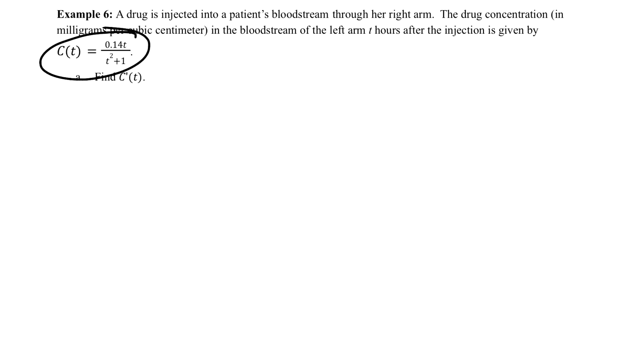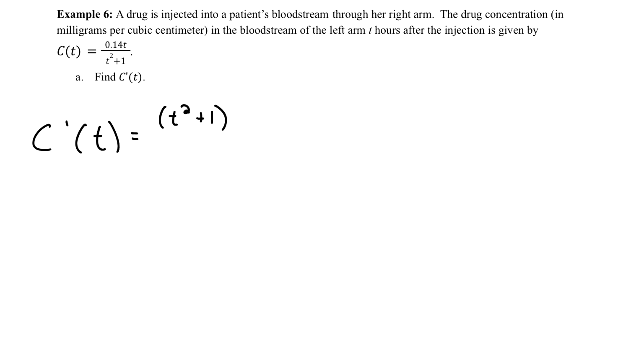So I look at our function right here. This is a rational function. We are definitely going to need to use the quotient rule here. So for our C prime of t, our quotient rule says low, so here we're going to start with t squared plus 1. D high, derivative of our numerator.